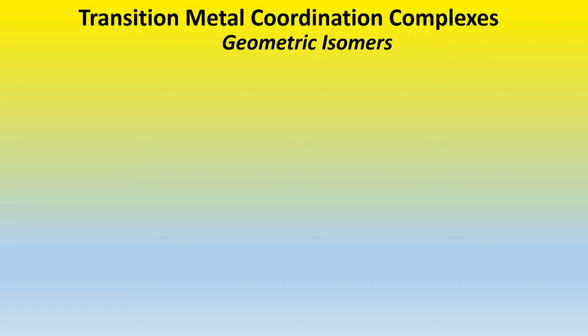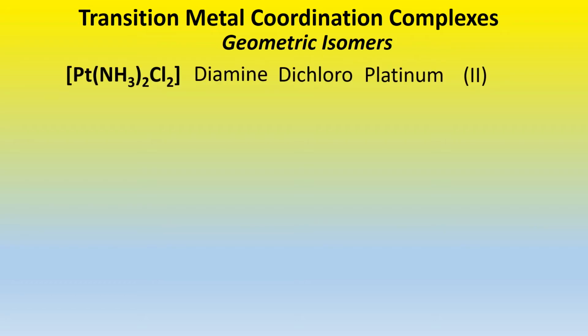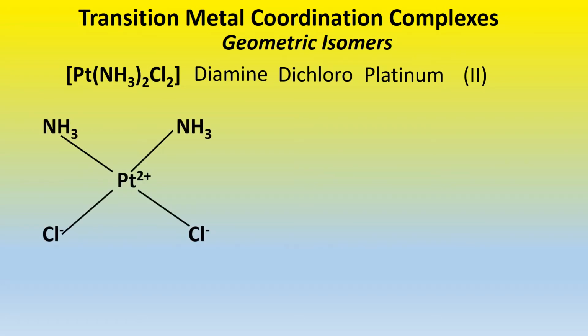I look at my Pt(NH3)2Cl2, diamine dichloro platinum 2. Here you see a picture of that. Platinum 2+ in the middle, 2 ammonias on top, 2 chloride ions on the bottom. Square planar, meaning there's a 90-degree separation between each ammonia and each chlorine.